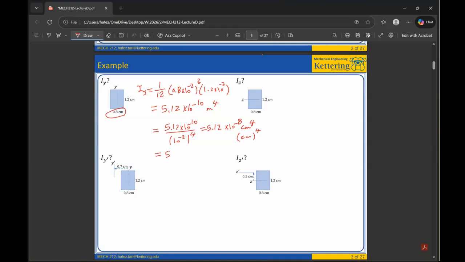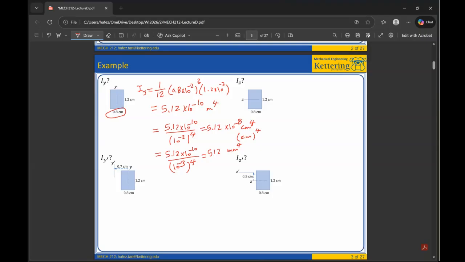All right, so that's in centimeter to the fourth. If I want us to be in millimeter to the fourth, then you would do negative 3 to the fourth. So, 512 millimeter to the fourth. 10 to 12 comes up in the numerator. 10 to negative 10 cancels out. 10 to 2 remains, and it becomes 512.